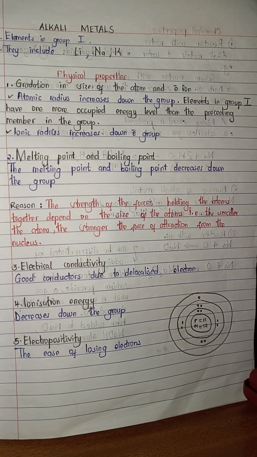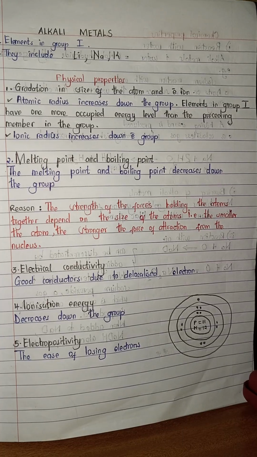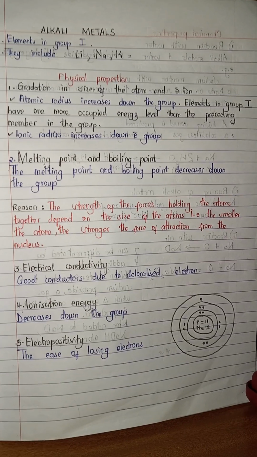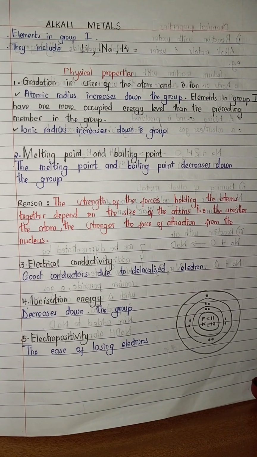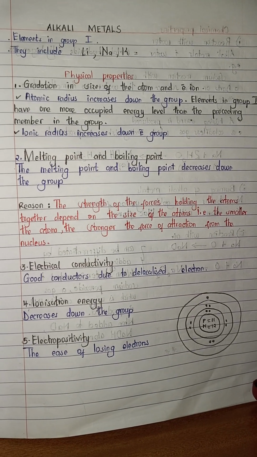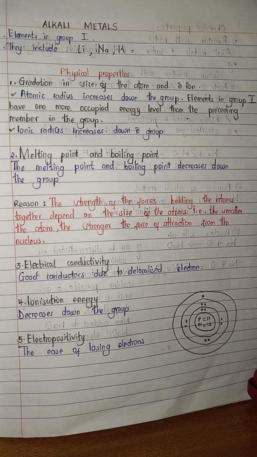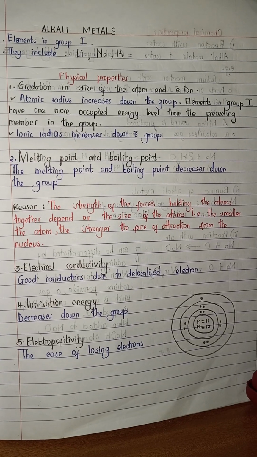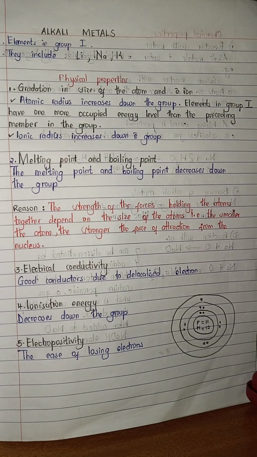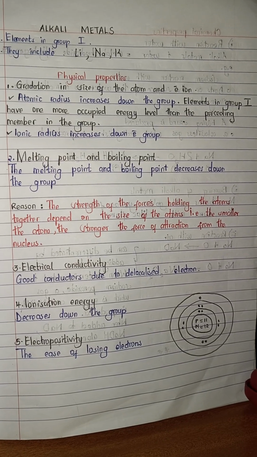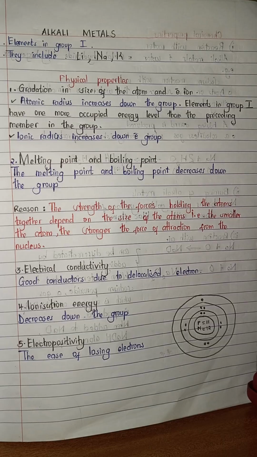It simply means that you'll require a lot of ionization energy so that you can dislodge that one electron in lithium compared to sodium and potassium.